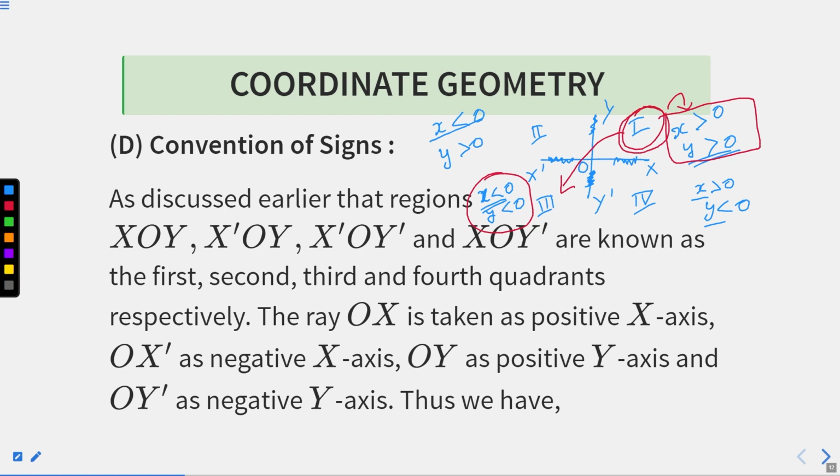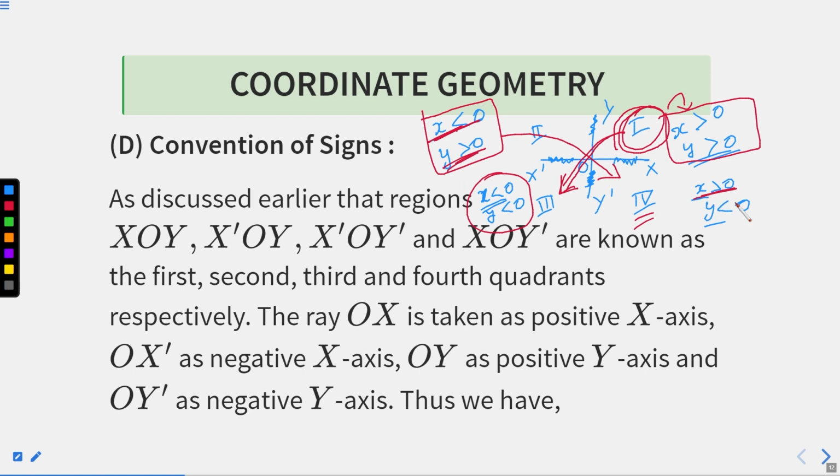So memorizing only the first quadrant will get you to the third quadrant. You don't have to memorize the third quadrant. Similarly, you only have to memorize the second quadrant: x is negative and y is positive, and the opposite is the fourth quadrant. So in the second quadrant, x is negative, but here x is positive.